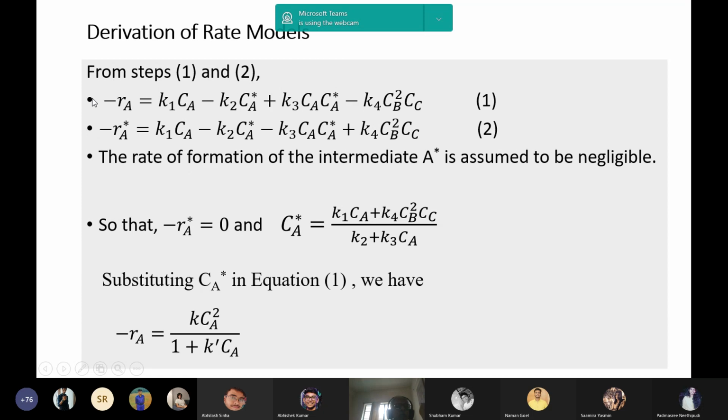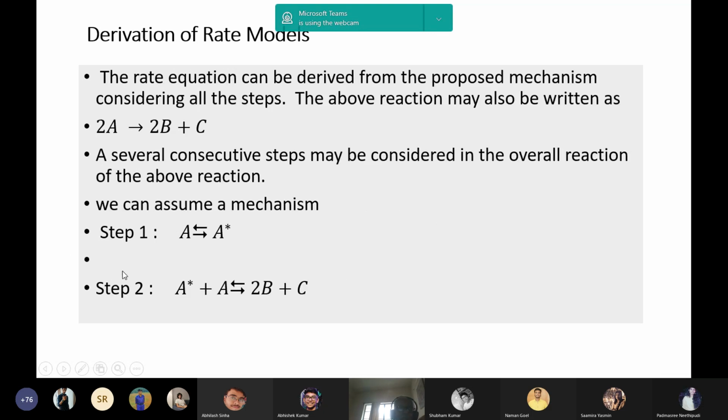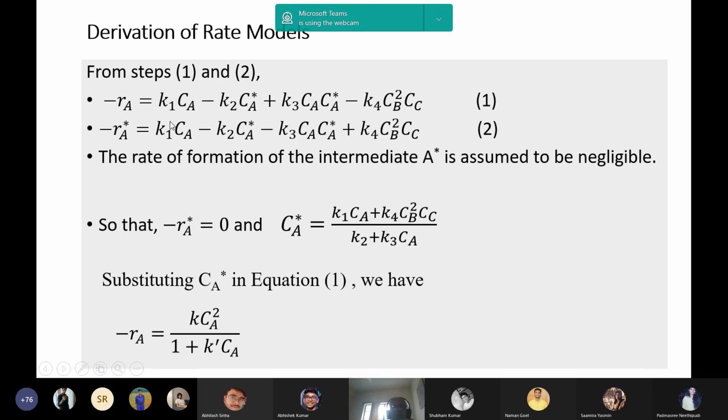Based on this, from step 1 we obtain this expression K1Ca minus K2Ca star, and this comes from the second step, K3Ca Ca star, because in both step 1 and step 2, A is involved on the left hand side. So here the forward rate constant is K1 and the backward rate constant is K2. Similarly here it is K3 and K4.